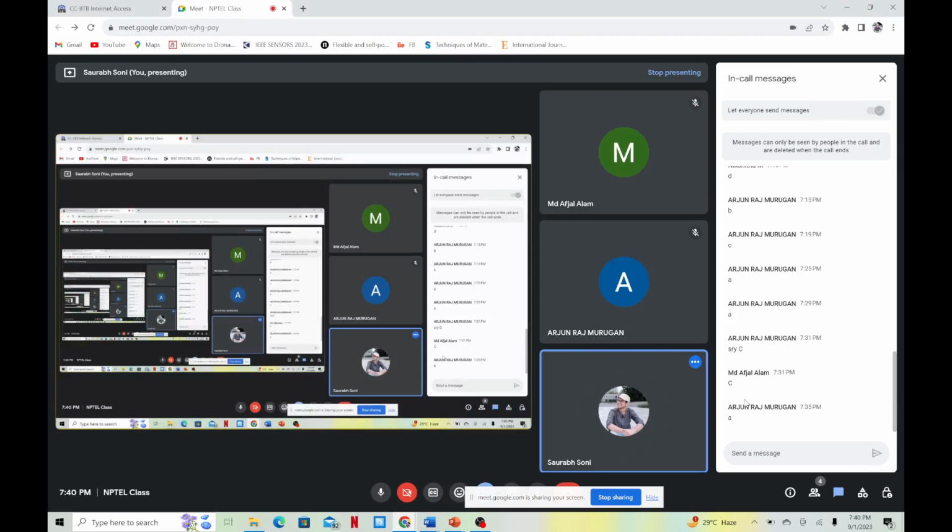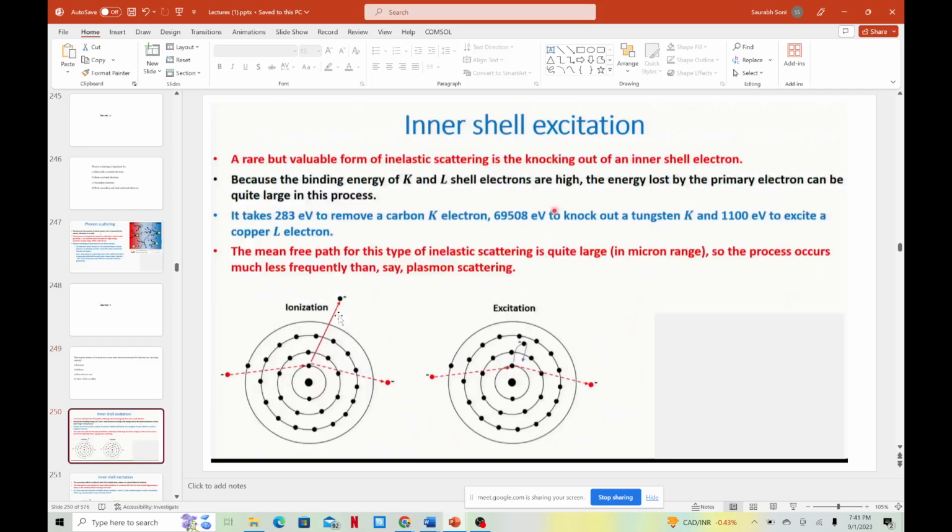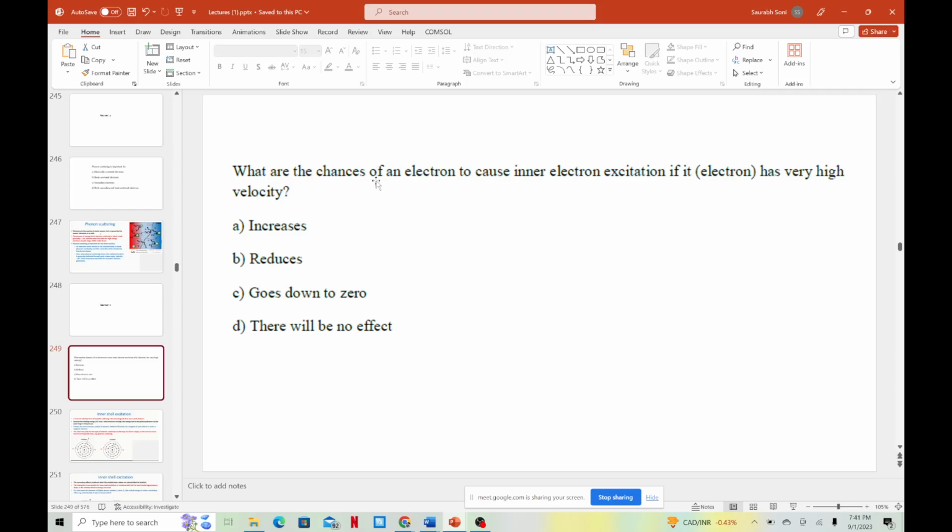A. So let's see. The question is, what are the chances of an electron to cause inner electron excitation if it has a very high velocity?